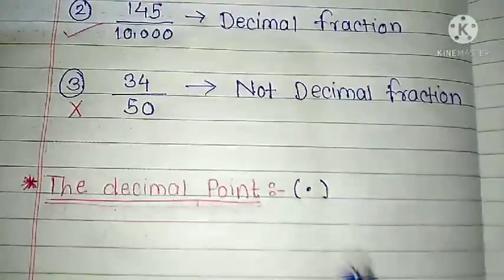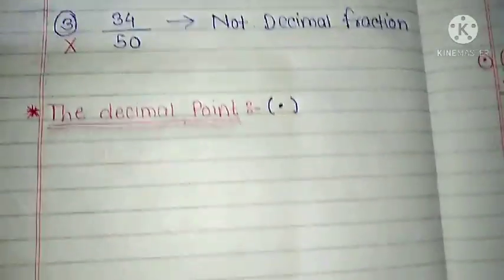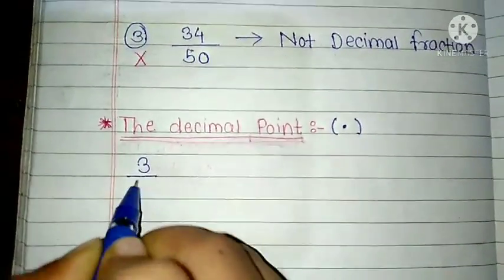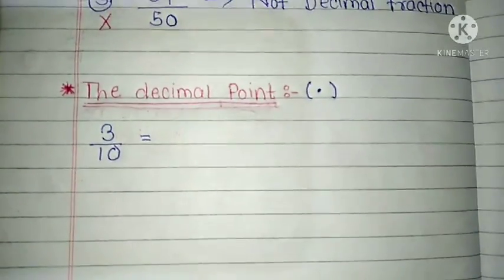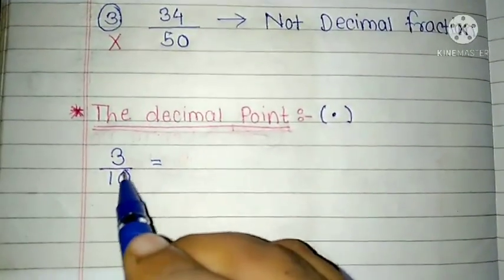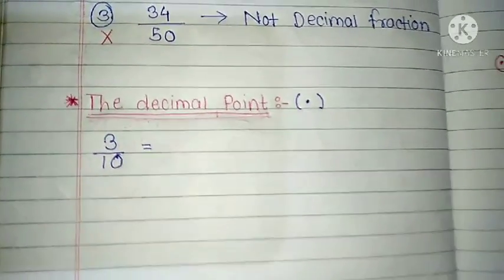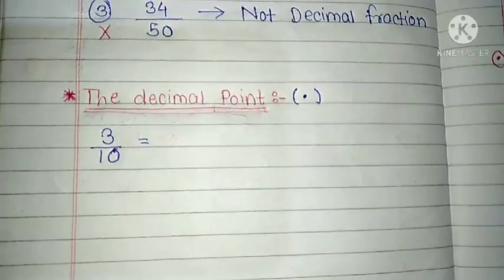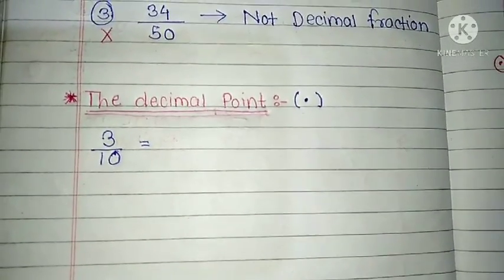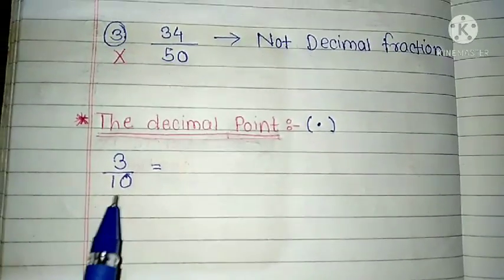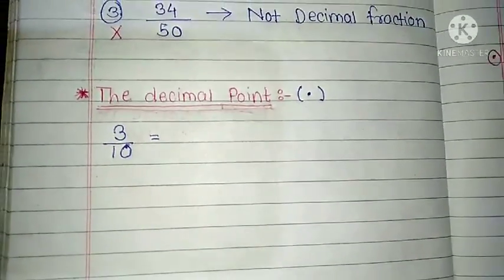So when we represent a decimal fraction with the help of a decimal point, how is it used in a fraction? Look here. If I write 3 upon 10, we use the decimal point after the last digit of a complete number, and with the help of the number of zeros present on the denominator side.